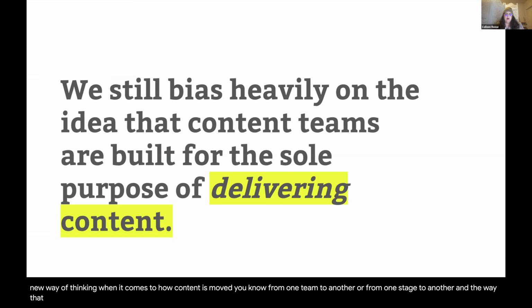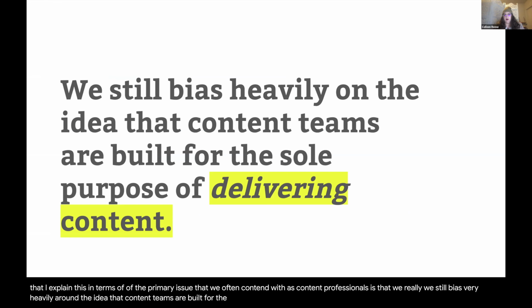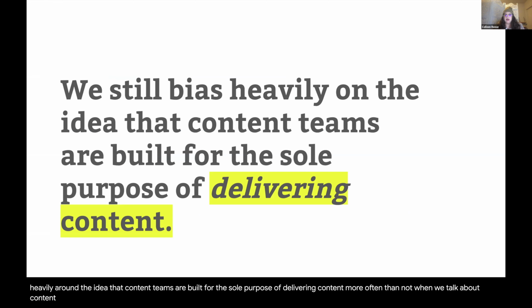The way that I explain the primary issue that we often contend with as content professionals is that we still bias very heavily around the idea that content teams are built for the sole purpose of delivering content. More often than not, when we talk about content operations, we think about how content progresses through publishing workflows.